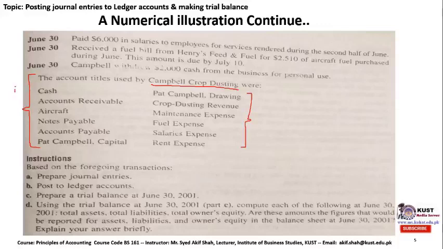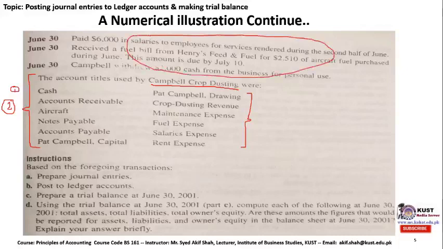Number second, such account titles assist the student to properly record the debit and credit entry with the specific title. It will help you to select the relevant titles which will be available in different economic events as mentioned from June 1 to June 30th.